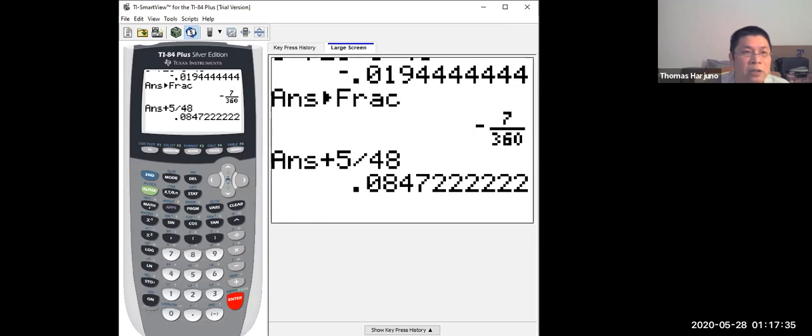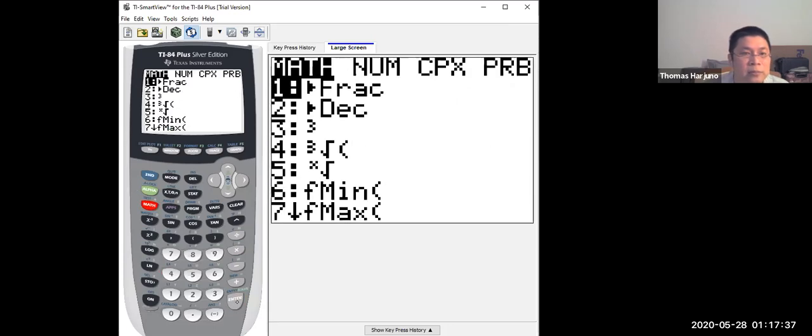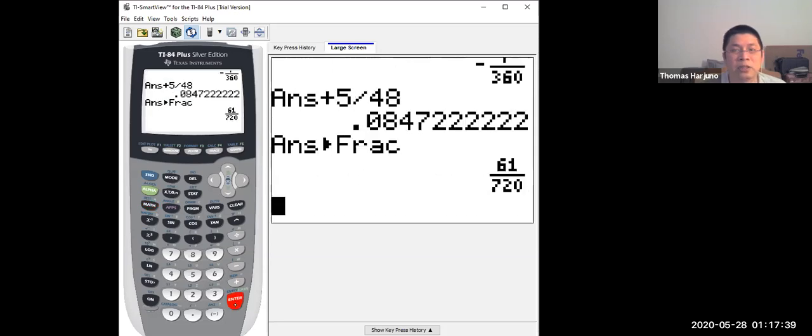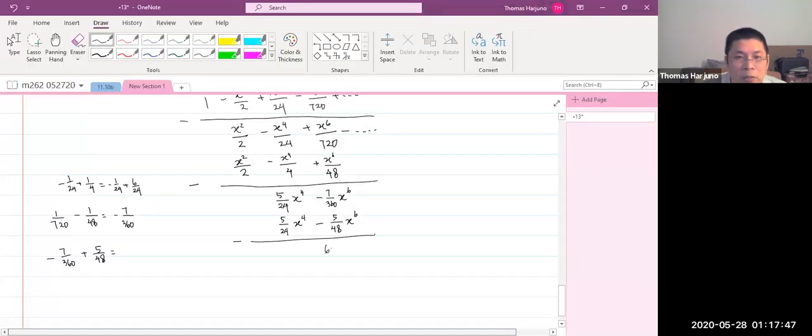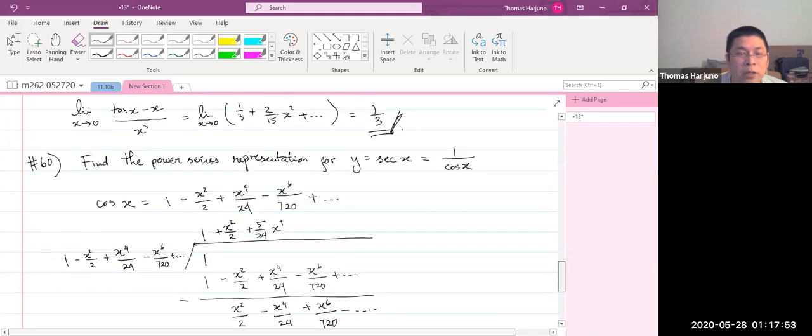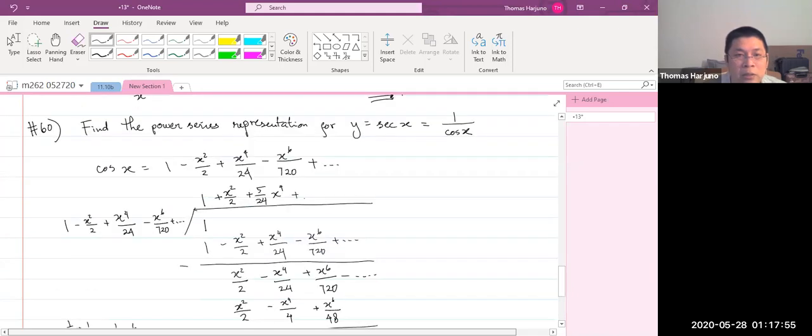Change it to fraction. 61 over 720. This is 61 over 720 x to the 6. So the last one will be plus 61 over 720 x to the 6 and on.